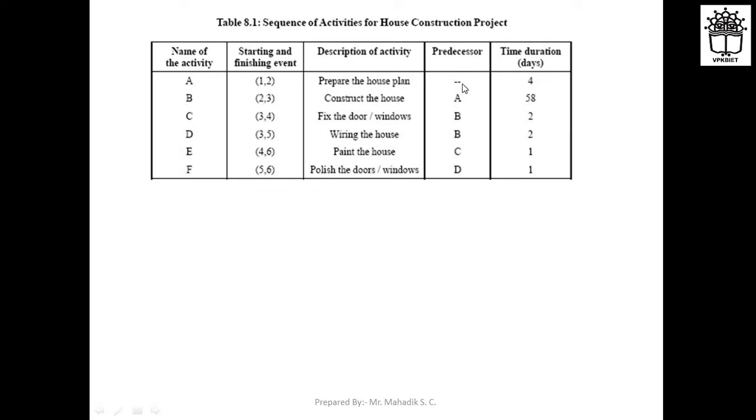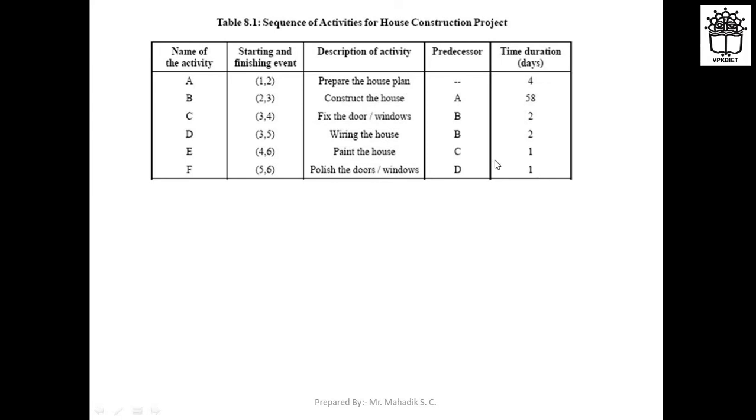Here the predecessors of each activity are given. That means for activity A there is no predecessor activity, but for activity B there is a predecessor. For C it is B. For D, B will be the predecessor activity. For E it is C, and for F, D will be the predecessor activity. The time duration for each activity is given, that is 4, 8, 2, 2, 1, 1, like that.